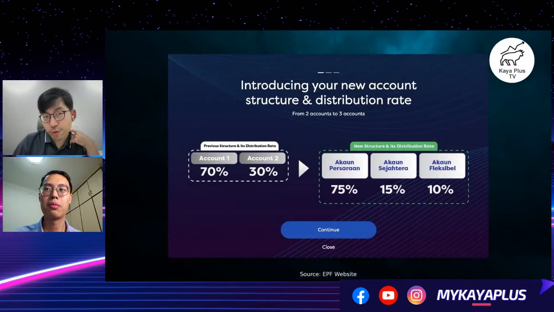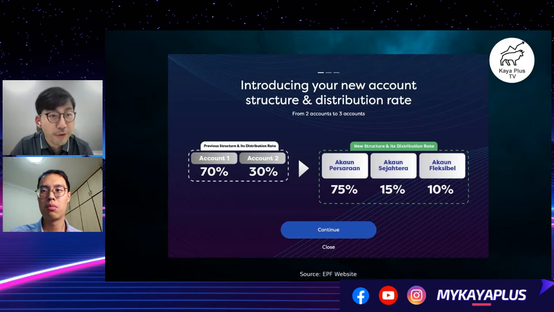Yeah, if you don't know what is going on with this account three, I'll give you a very quick summary. In our original account setup, there are two accounts. We have account one, they call it account persaraan or retirement account. Another one is account two, which is your account sejahtera.